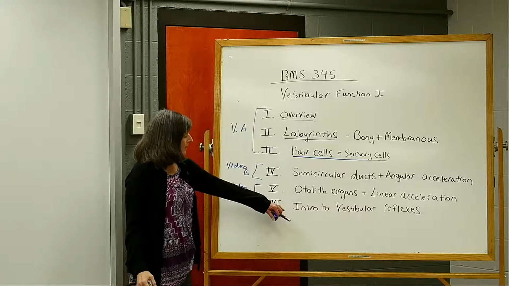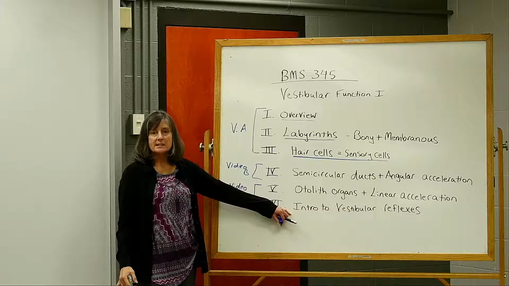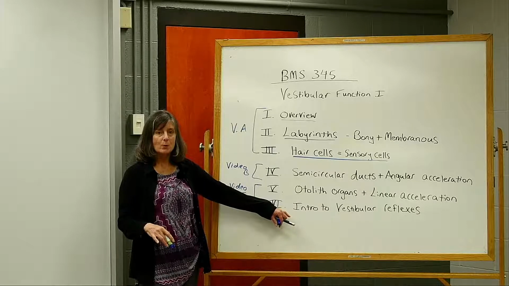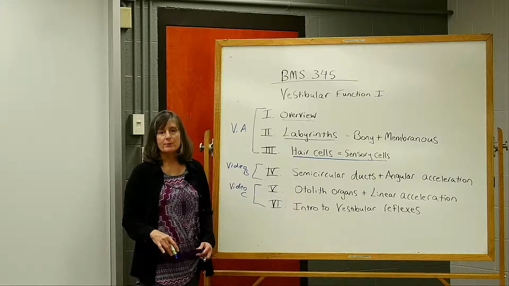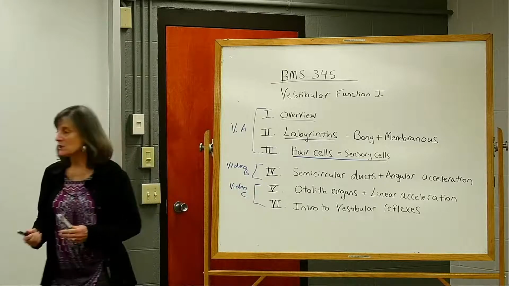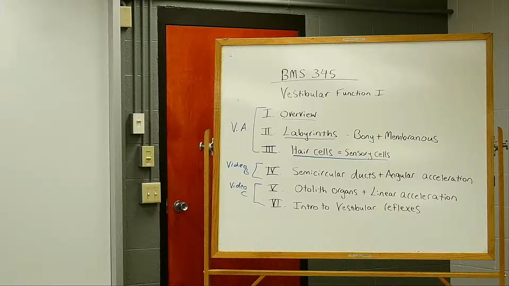And then after that, we're just going to briefly look at the circuits, and that'll be kind of an introduction to vestibular system 2, which is about vestibular reflexes. So that's our course for this lecture. So let's switch back over to the slides.